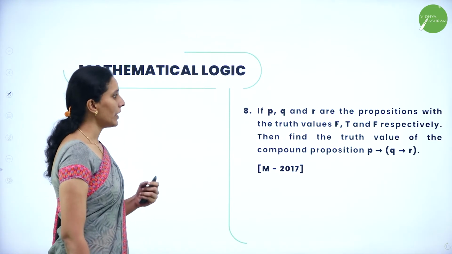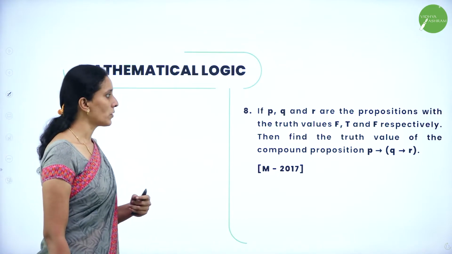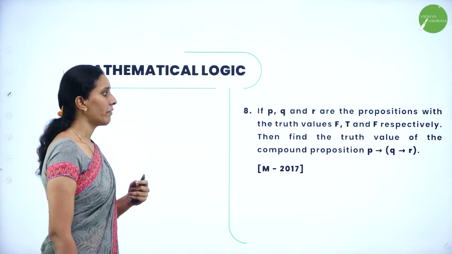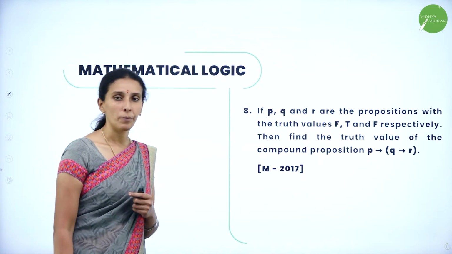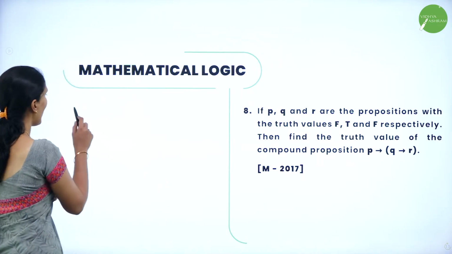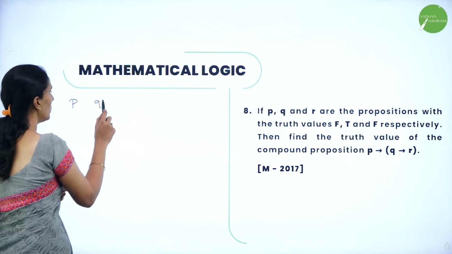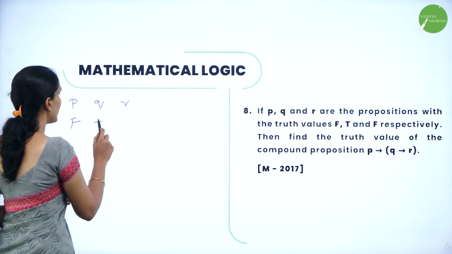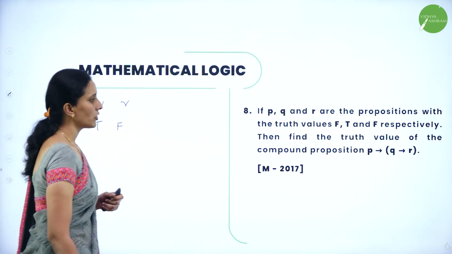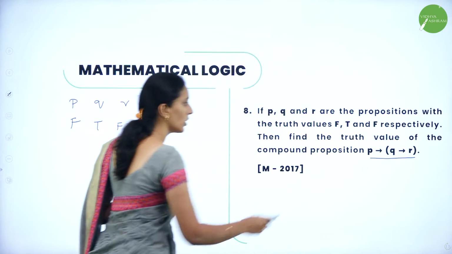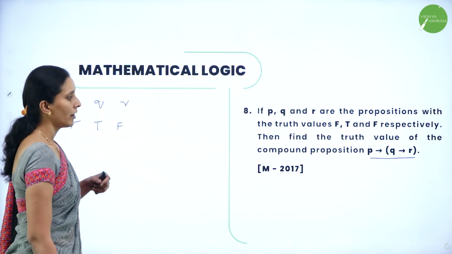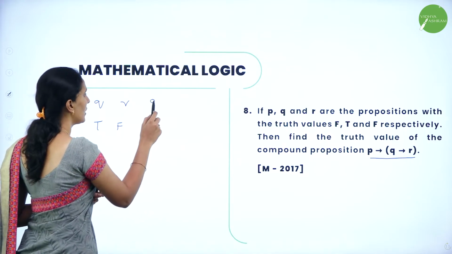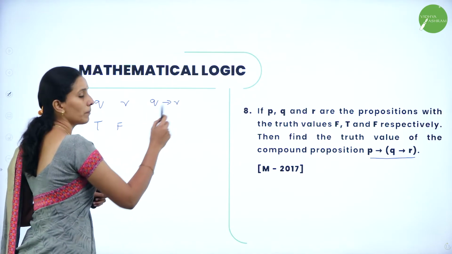Next, if P, Q and R are the propositions with the truth values F, T, F respectively, then find the truth value of the following compound proposition. So here we have P, Q and R. The truth values are given: F, T, F. So we need to find out the compound proposition Q implies R and then P implies Q implies R. So first let us find Q implies R. What does implication say?